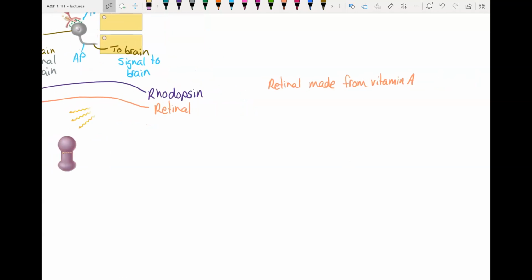If you lack vitamin A in your diet, then you will lack retinol. And if you lack retinol, your eyes can't see. So a lack of vitamin A can cause blindness.